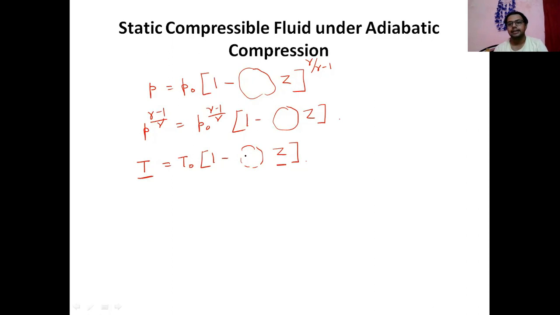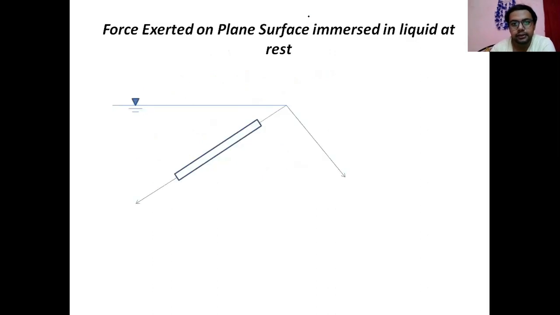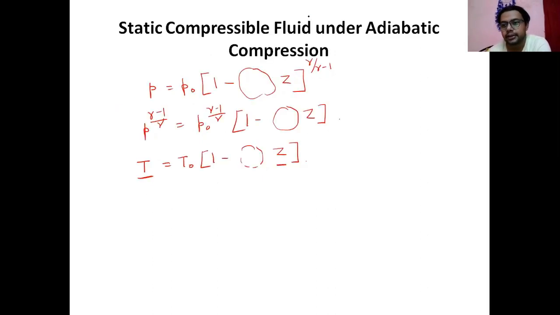This is the way we are approaching this kind of thing. We have seen a lot of things: if there is a variation in density rho, whether it is isothermal or adiabatic, we get it in such a way. That's all here. Next topic we'll see later: the force exerted over this content.